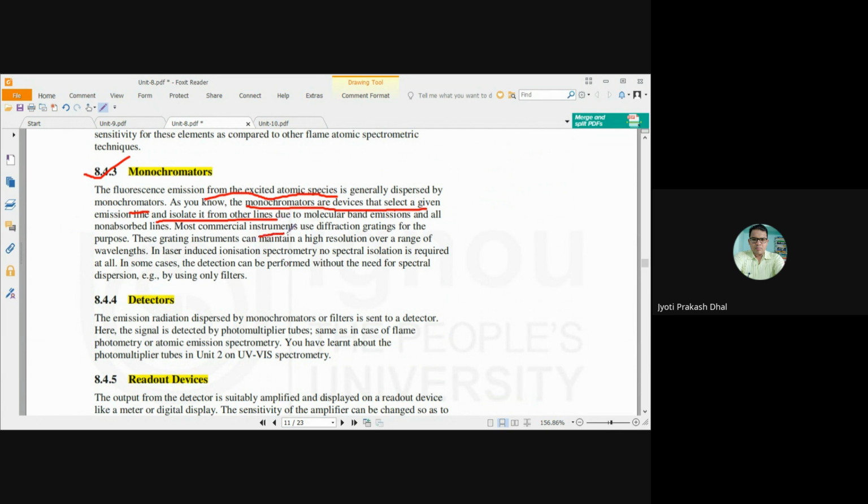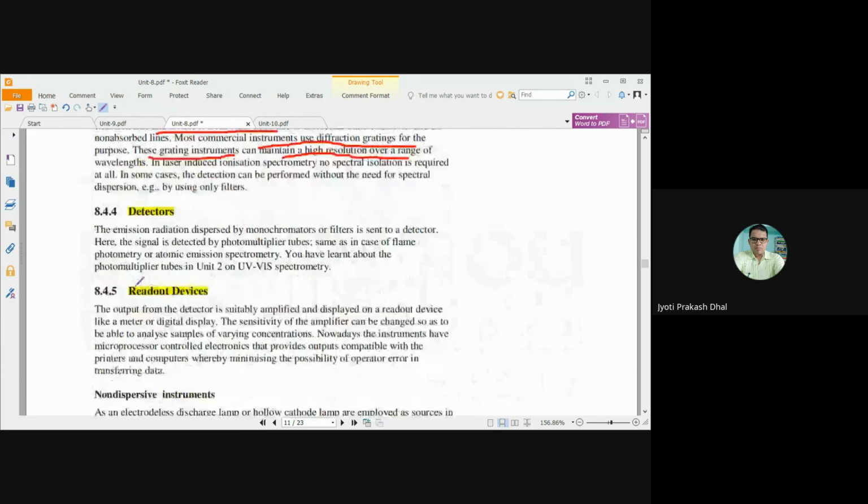Most commercial instruments use a diffraction grating for this purpose, to generate monochromatic light. These grating instruments can maintain a high resolution over a range of wavelengths.